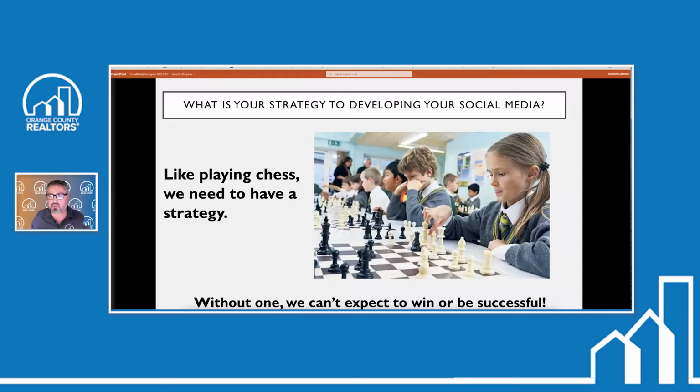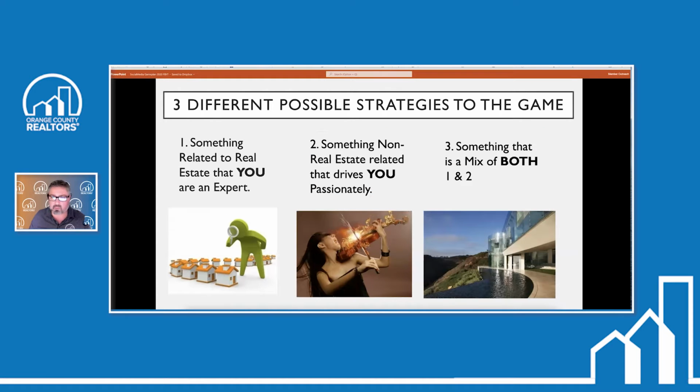Now, there's really essentially three types of strategies that you guys can focus on. Three different possible strategies to this game plan. Strategy number one is that in your social media marketing, all you're going to do is talk about real estate related topics that you as a real estate agent are an expert on. That's all you post. Now, strategy number two is something non-real estate related that actually drives you as an individual passionately.